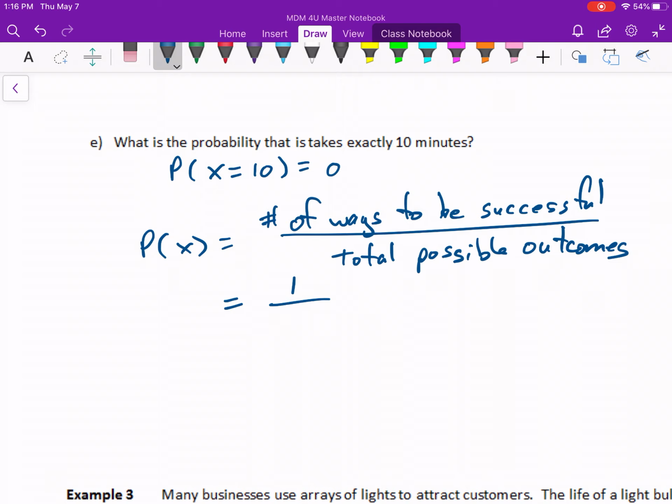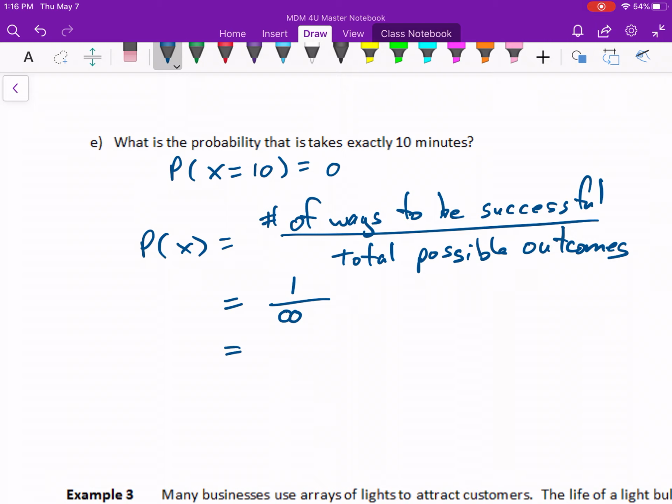If it's continuous, and we can break the numbers down and break them down and break them down for an infinite number of ways, then there are actually infinite possible outcomes. We can just keep cutting up those time sections smaller and smaller. If we divide 1 by infinity, then basically what we get is 0.